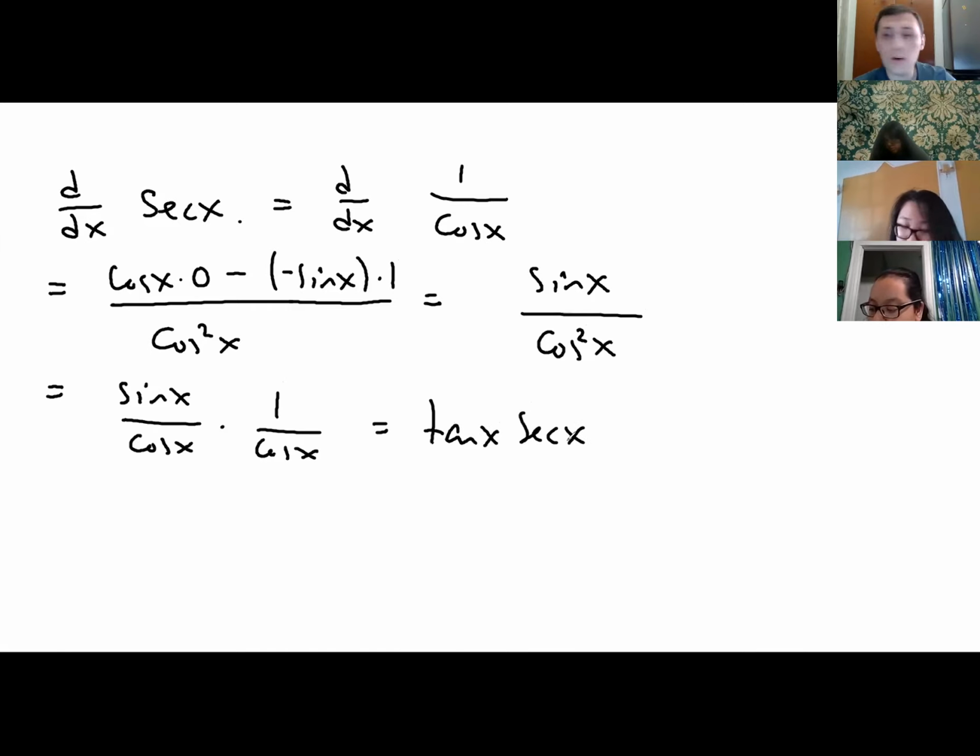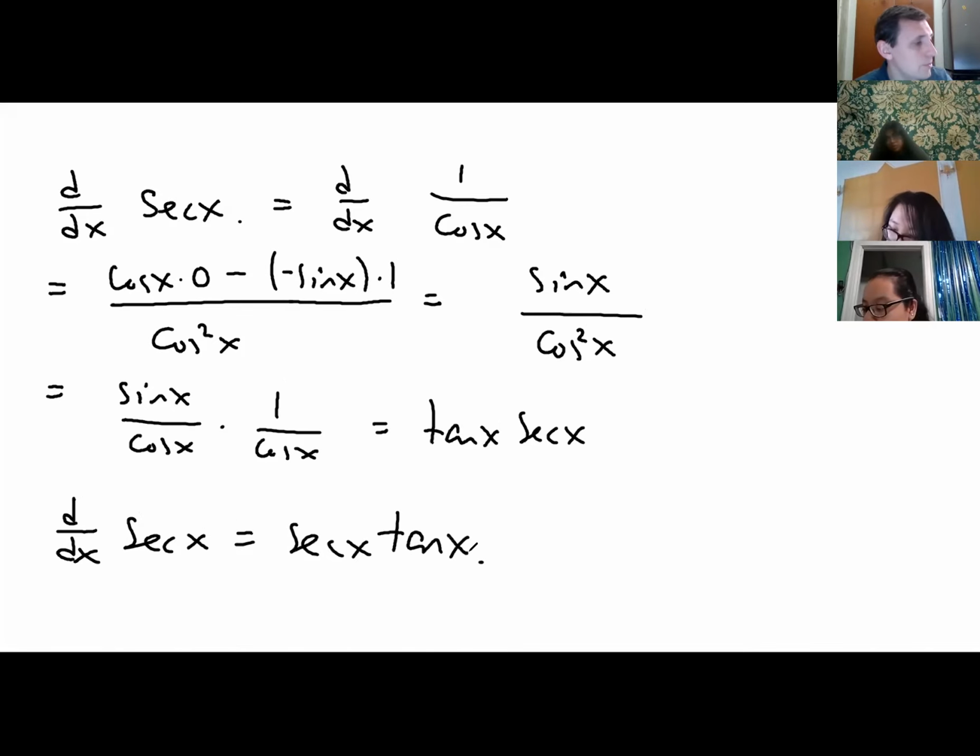secant x. Now, to remember, it's much easier, it rhymes better if you say the derivative of secant x is secant x tangent x. You see? Derivative of secant is secant tangent. Easier to remember. Good? Now, the other trig functions are what?